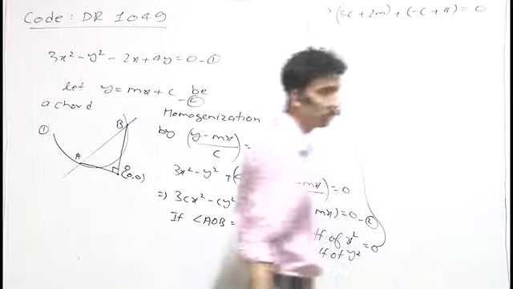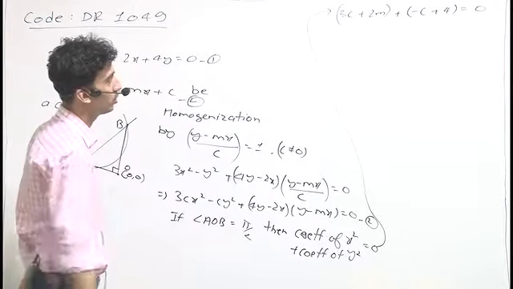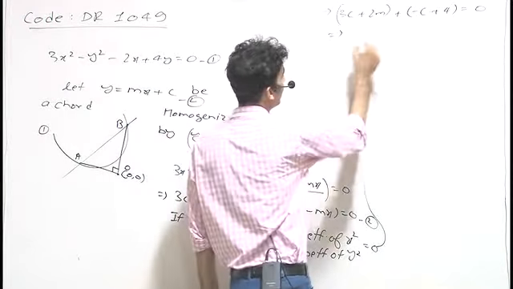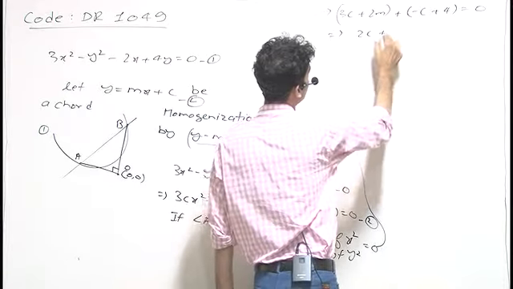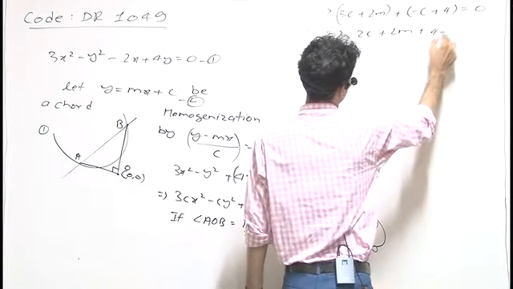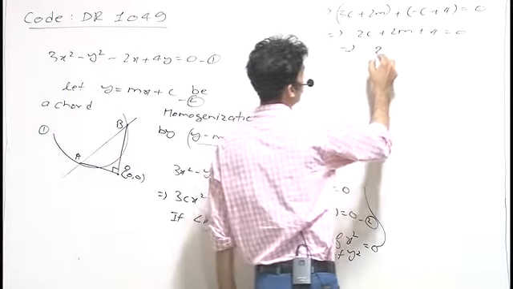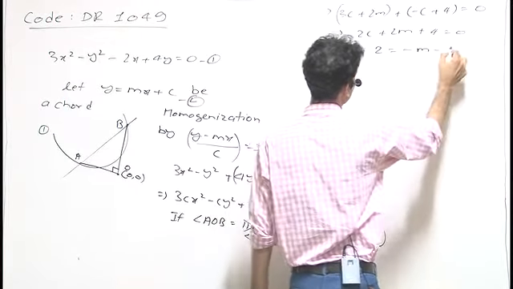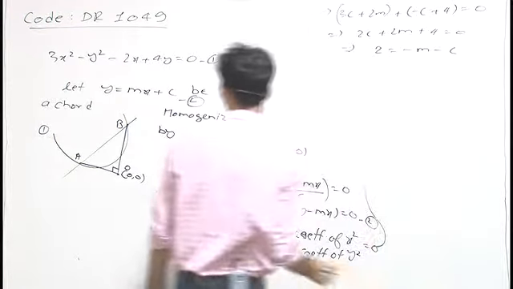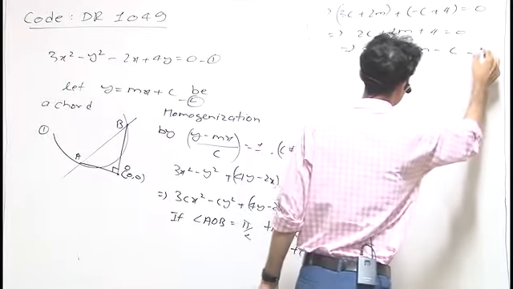The coefficient of x squared plus the coefficient of y squared equals 0. So we will have 2c plus 2m plus 4 equals 0, or we can rewrite this equation as 2 equals minus m minus c. Now this is a relation in c and m.